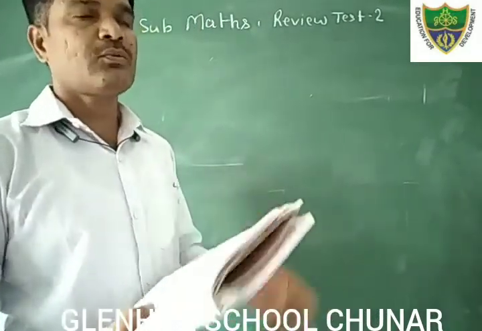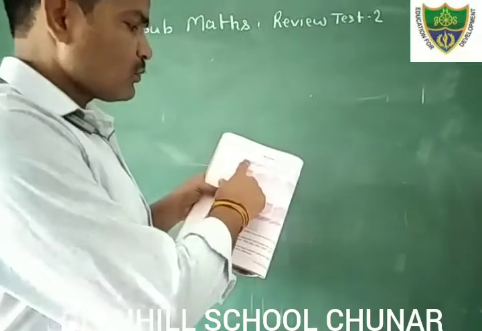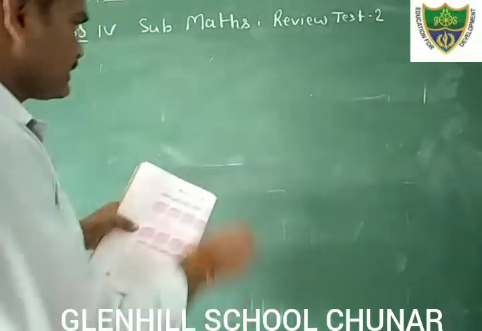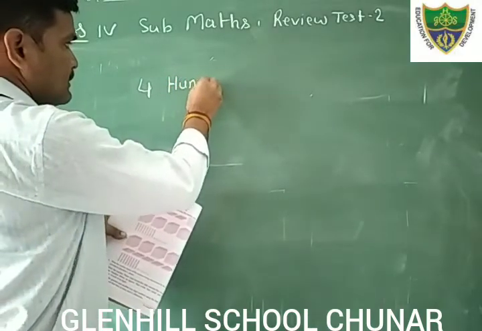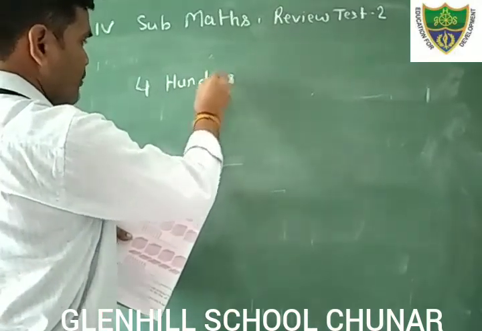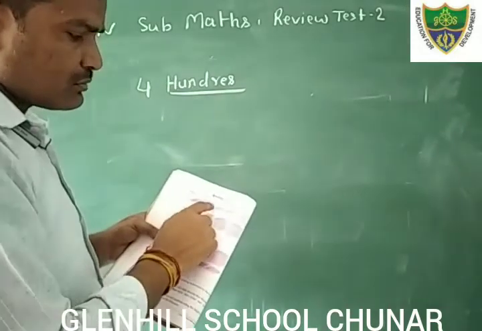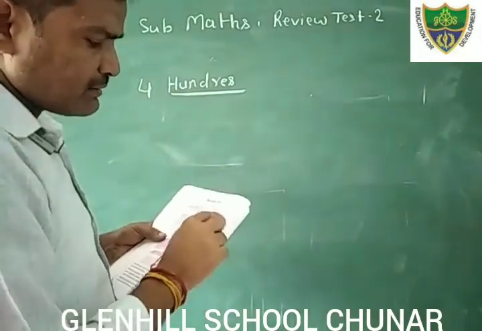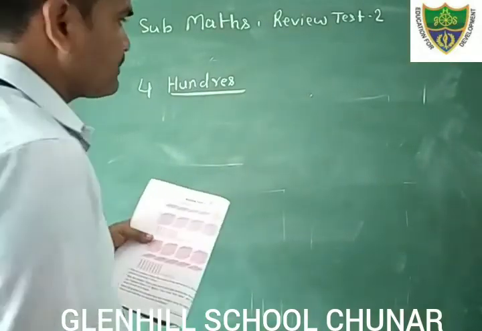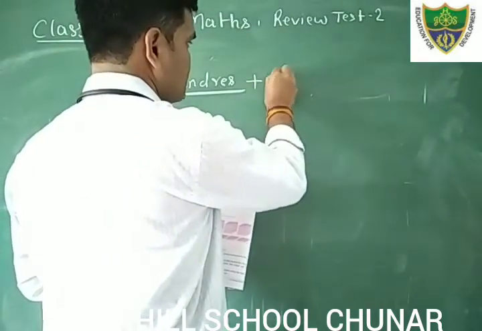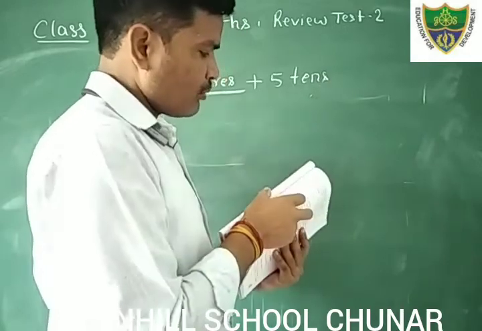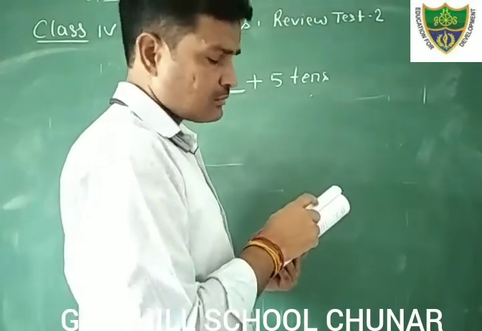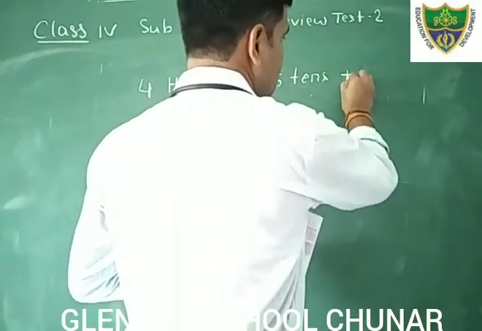The picture 1 is here. That is 4 hundreds, 1, 2, 3, 4. And how many tens? 1, 2, 3, 4, 5 tens. Plus 5 tens. And how many ones? 6 ones.